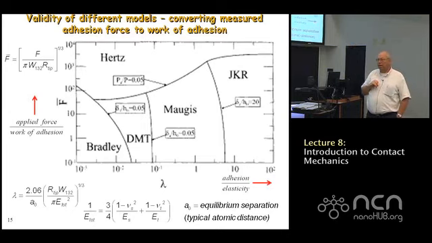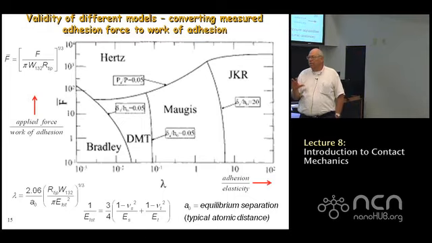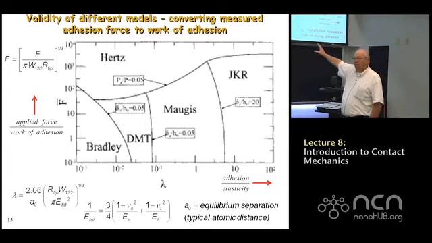And so for the experimentalist, it's important to decide for a given system, if you're doing force versus distance curves, for instance, roughly where you're at on this plot, because that's going to tell you which of these models is going to be most appropriate for your experimental situation, right? And of course, the difficulty is it's sometimes hard to know what W132 is. Right?